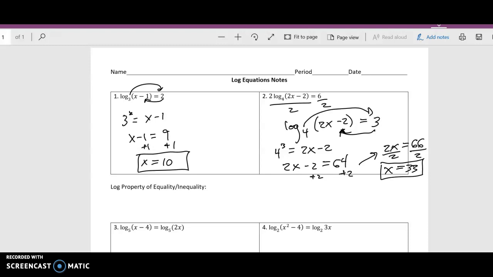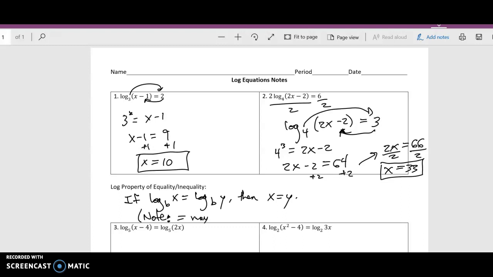Okay, log property of equality or inequality. If log base b of x equals log base b of y, then x equals y. We'll add a note in here. That's a colon.